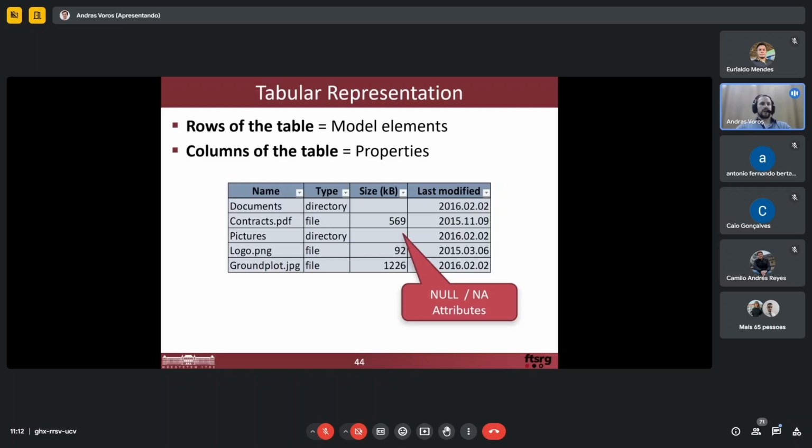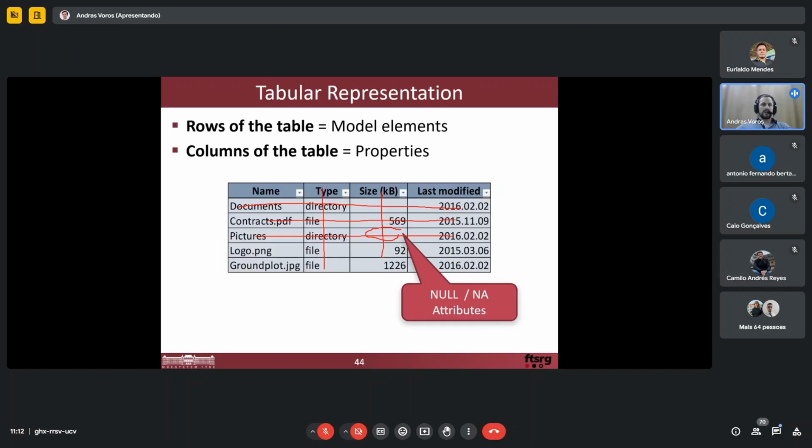So the rows of the table are the elements of my model, and the properties are the columns of my model. And I can see that I can have these empty cells. That is when we don't have attributes defined. So that's why it's called partial.